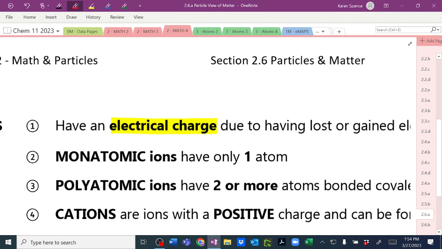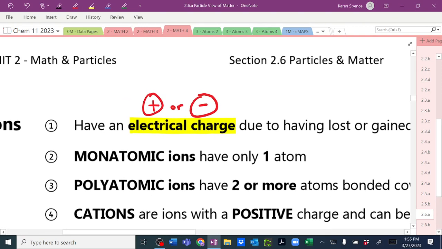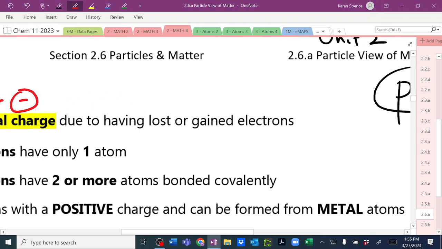And an electrical charge could be, what are the 2 possible electrical charges? Positive and negative. And why would an atom be positive or negative? It either has more electrons than protons or more protons than electrons. So it'll have an electrical charge because it has either lost or gained electrons.